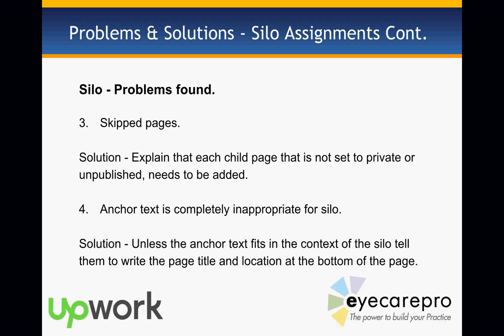When I go through it, I add them, but as long as I keep telling them and they get the feedback, they usually fix it, and the next time they won't skip those pages because they'll get used to doing the siloing with EyeCare services sections or different sections that we provide. It's just a matter of getting used to it, but you have to keep giving them the feedback. That's very important to do.